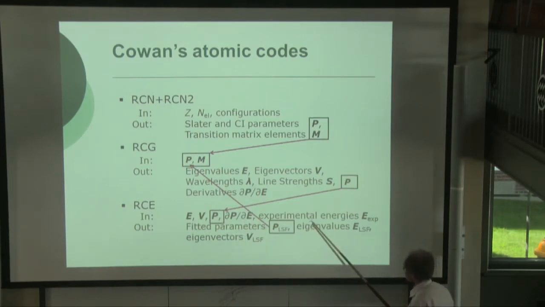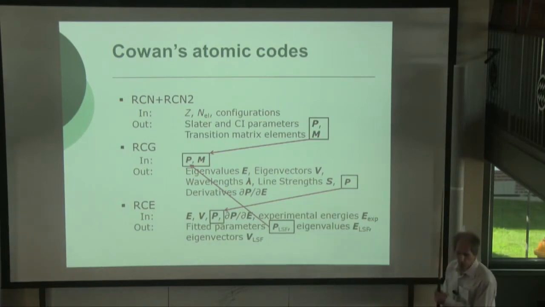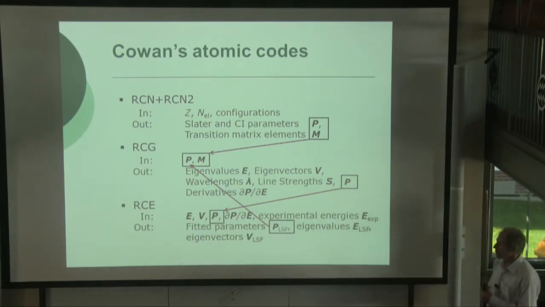And you combine this with experimental values known for some of the energy levels, and you make it vary the parameters iteratively so that it produces the best fit to these known energy levels.